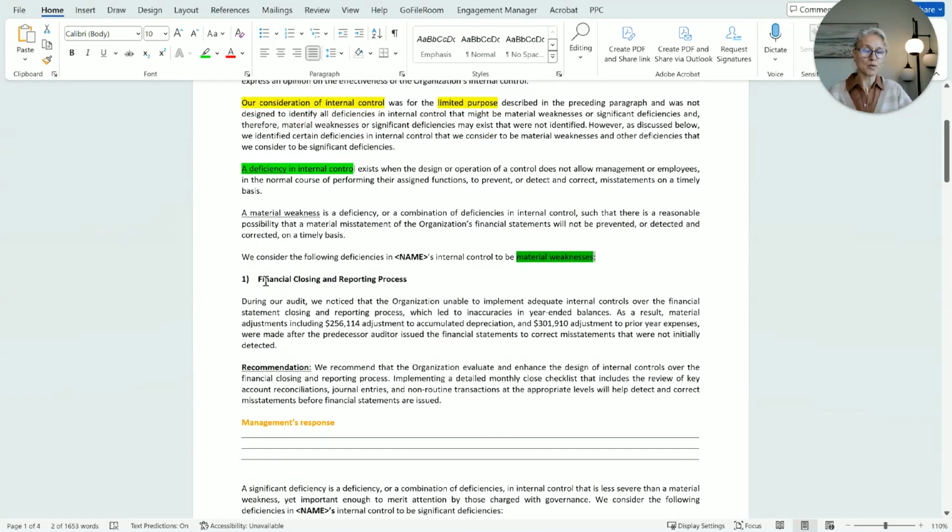So, for example, we report to the management that the financial closing and reporting process was not correct, meaning that at the year end, when the organization was closing the books, it did not perform sufficient procedures to close the balances correctly and record all the adjustments.